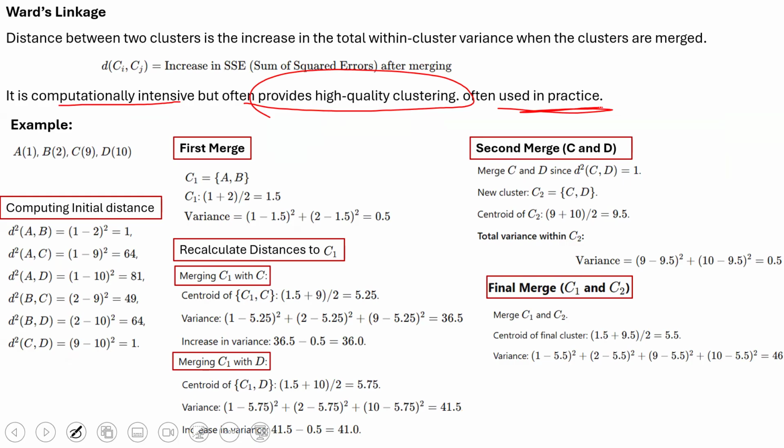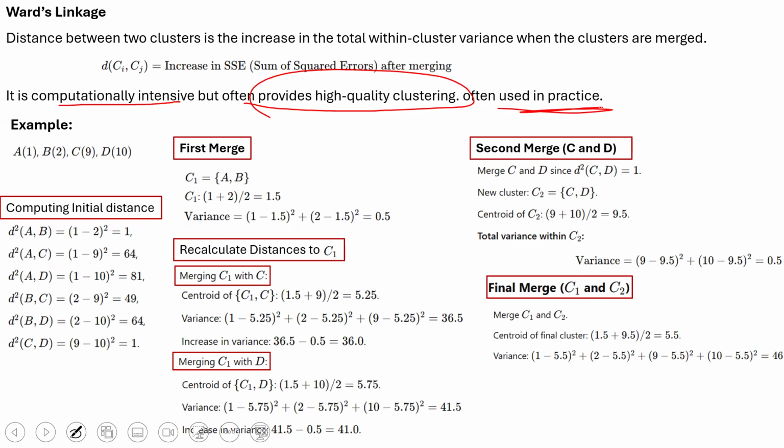What Ward's linkage uses is the increase in SSE after merging, the sum of squared errors after merging, which is considered as the new distance between the clusters. The distance between two clusters is the increase in the total within cluster variance.